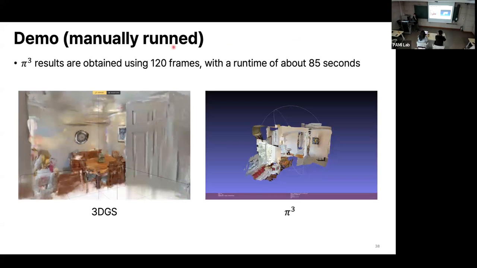And finally, I manually ran the model. As I mentioned at first, my research collaborators said that this work has impressive results, so I wanted to test it. I tried to reconstruct the 3D structure with an existing method on a certain dataset, which I am currently using. The left one is the existing method's result.